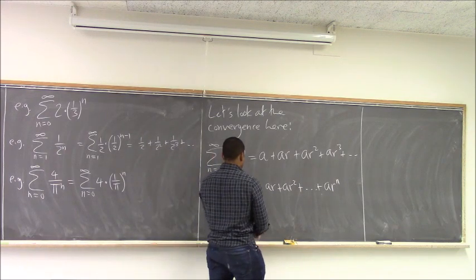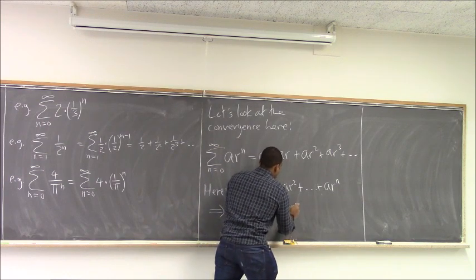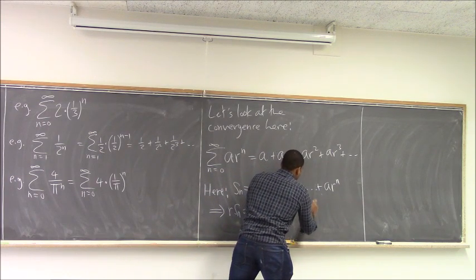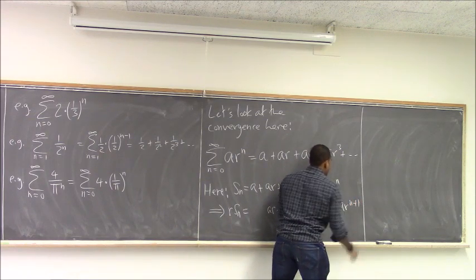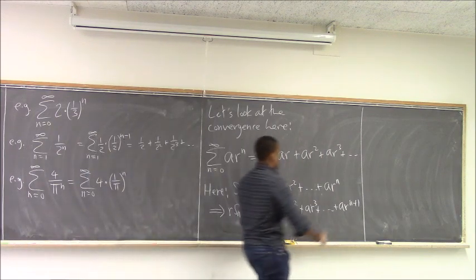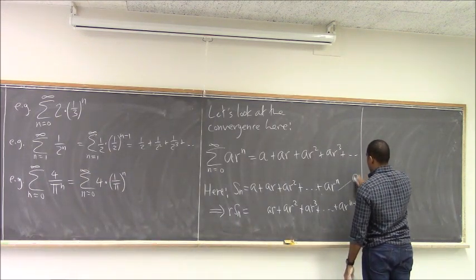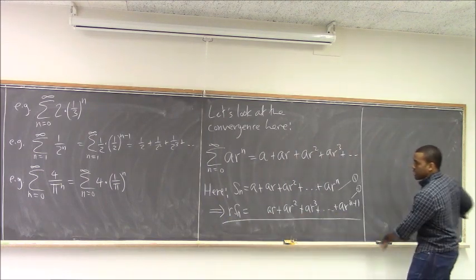Notice that you would get a times r, let's line it up here. You end up with that. This is equation 1, call this equation 2. I am going to subtract.